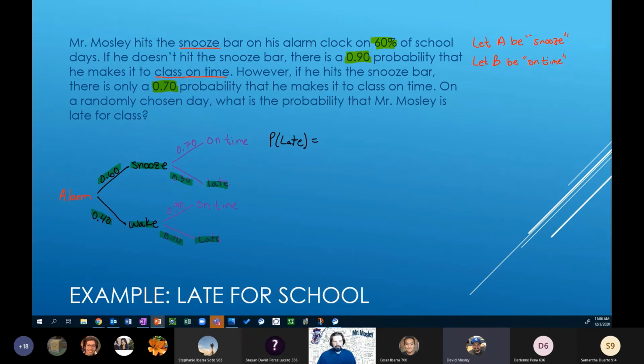So in this problem, one route is the probability that I snooze and I'm late. And the other route is that I wake up and I'm late.